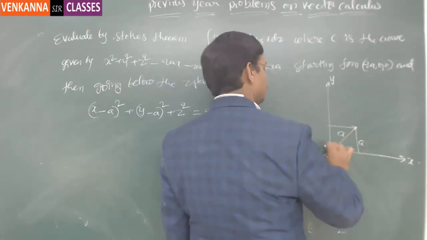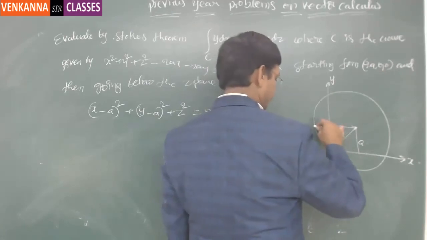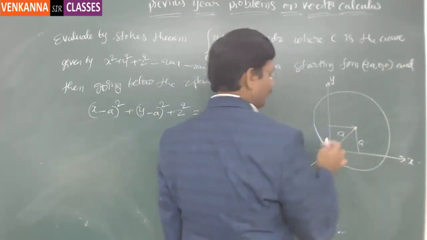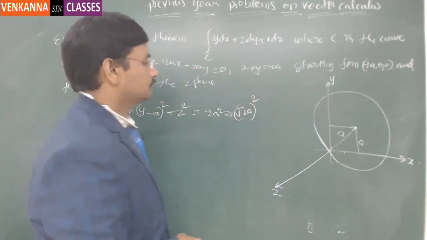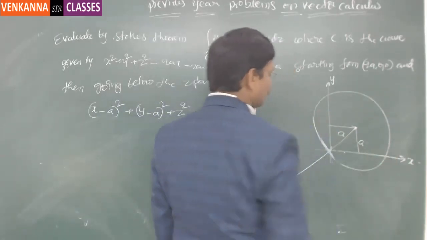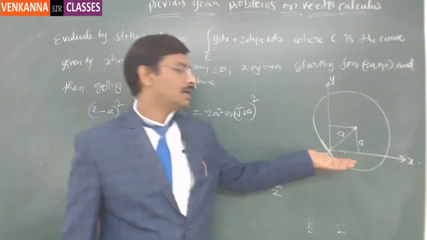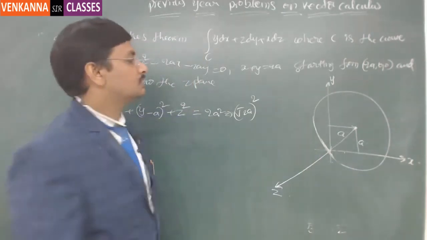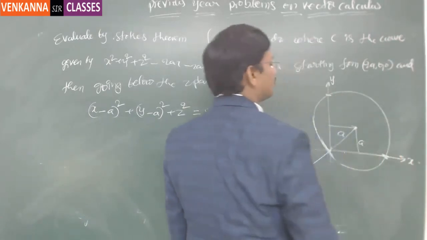That means this will pass through like this. Got it or not? So this is a spherical shape. So this is on the z plane, so the z plane lies this way. Got it? And then this is intersecting at this particular point and this is intersecting at this particular point.